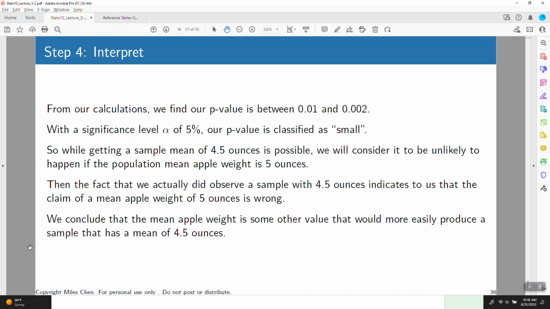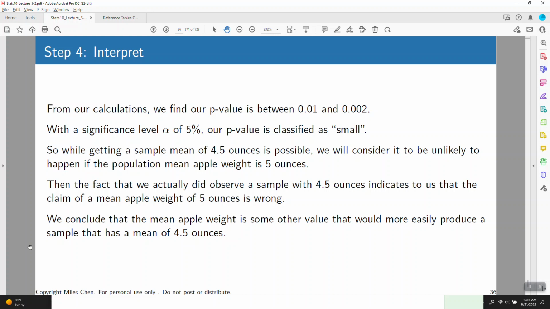So the fact that we did get this sample where the average was only 4.5 ounces tells us that the reason I'm getting this sample isn't because I was one of the lucky 1% of people that got a random sample with really tiny apples, but rather that the actual population average is not 5 ounces, but some other number.